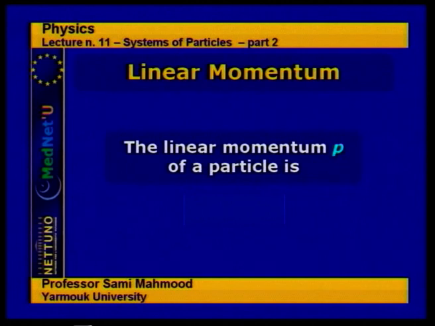This quantity, linear momentum, is defined as the mass of the particle times its velocity vector. Because it is the velocity vector multiplied by the mass, we conclude that the direction of the momentum is in the same direction as the velocity of the particle.